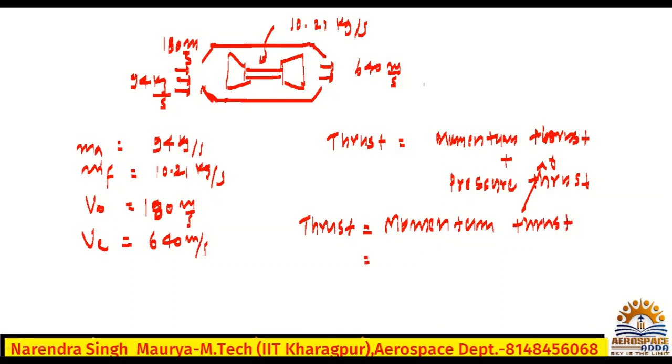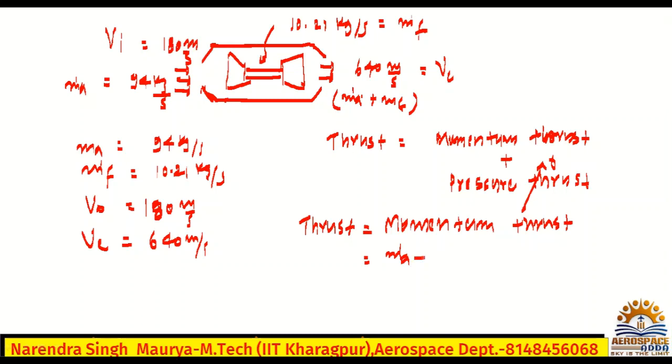Here we have exit velocity and mass flow rate. So what is the mass flow rate? M dot F, and this is M dot A. Simple. Yes or no? And if you check what is the exit here, exit will be M dot A plus M dot F. So what is the momentum thrust? This mass flow rate into velocity, which is nothing but exit velocity, and this is the inlet velocity. What is the momentum? That is change in velocity into mass flow rate. So what is the mass flow rate here?